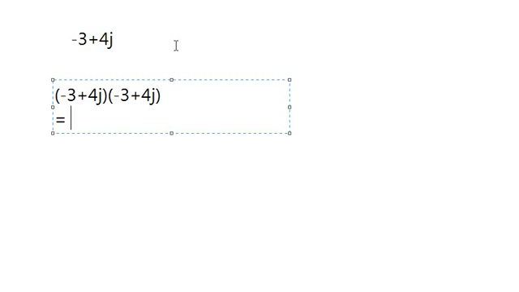The basic formula (a plus b) squared is equal to a squared plus 2ab plus b squared. So we can do -3 squared plus 2 times -3 times 4j, and we add another 4j squared.